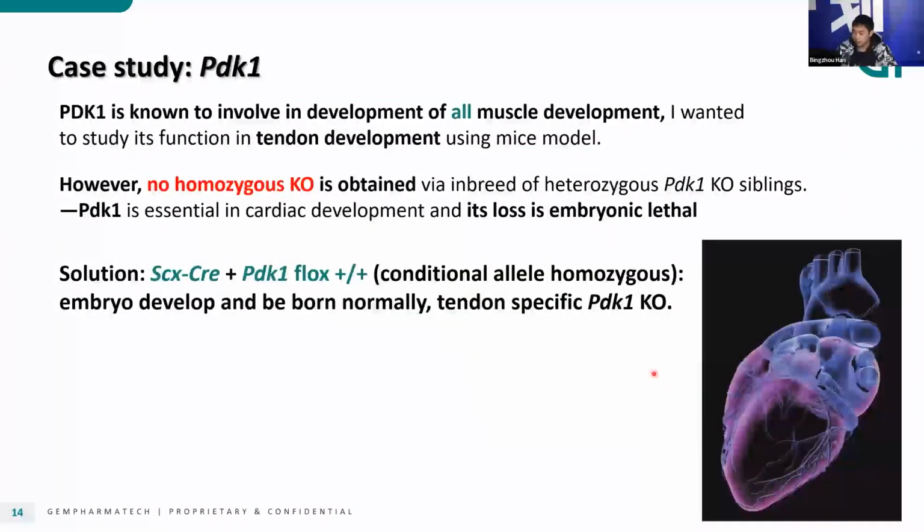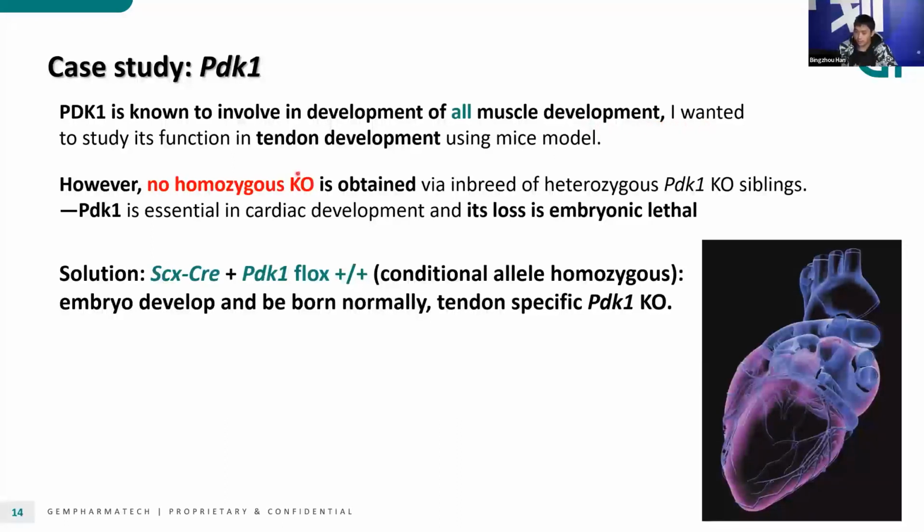To make this more vivid and easier to comprehend, I'll give a brief case study using the PTK1 gene as an example. PTK1 is well known to be involved in the development of all kinds of muscle, including skeletal muscle, smooth muscle, and cardiomyocytes.